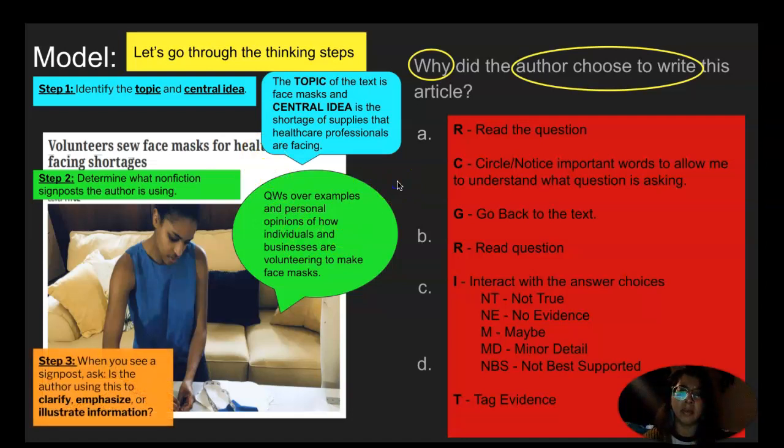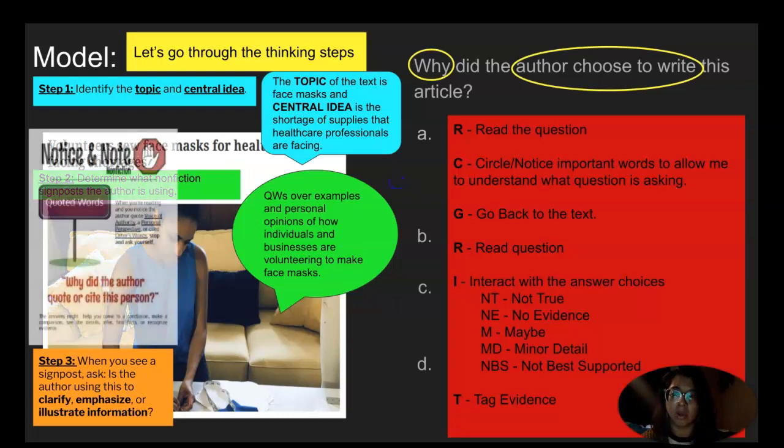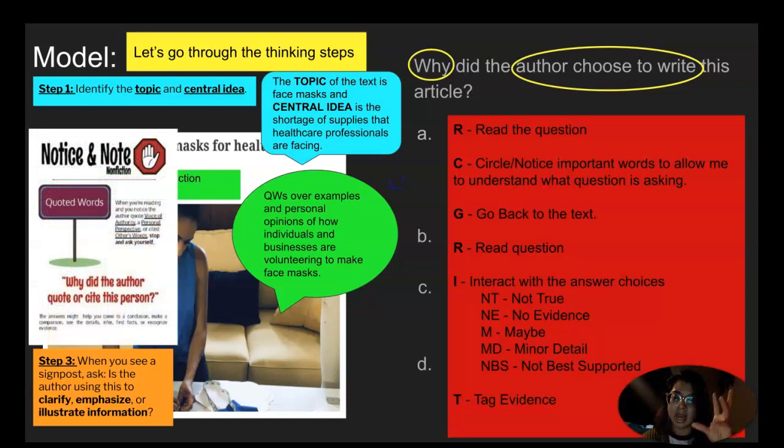Then I go to step 3. So all this, keep in mind, is going back to the text. So that G part in our secret. Step 3. When I see this signpost, I want to ask myself not only the big thinking question, which is, why did the author quote or cite this person? Once I figure that out, I want to ask myself, is the author using this to clarify, emphasize, or illustrate information?